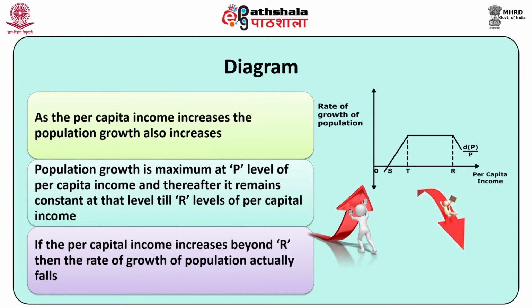As the per capita income increases, the population growth also increases. Population growth reaches maximum point at T level of per capita income, and thereafter it remains constant at that level till R levels of per capita income. If the per capita income increases beyond R, then the rate of growth of population actually falls.